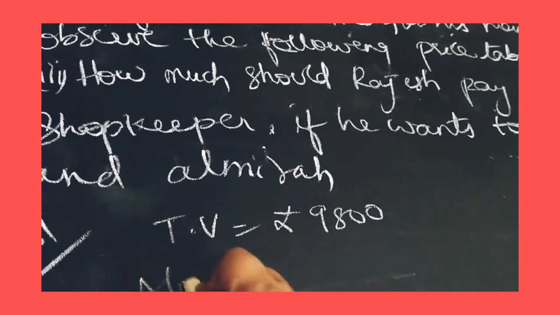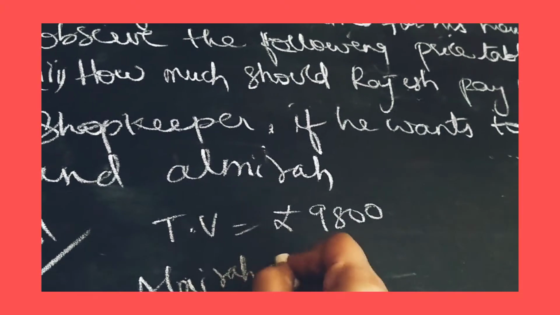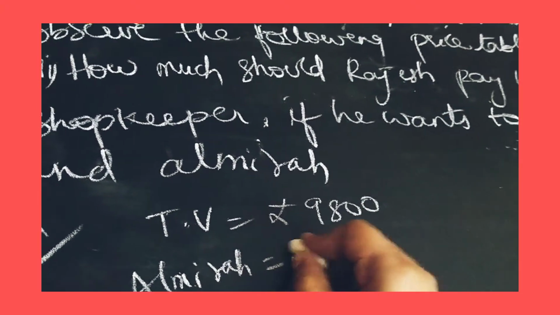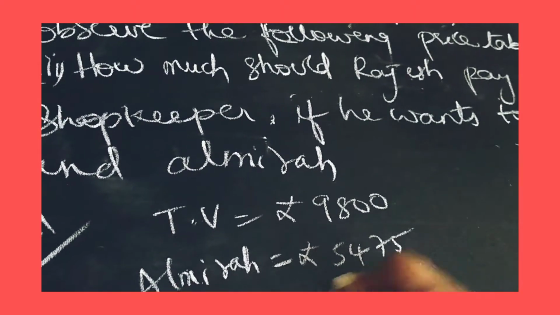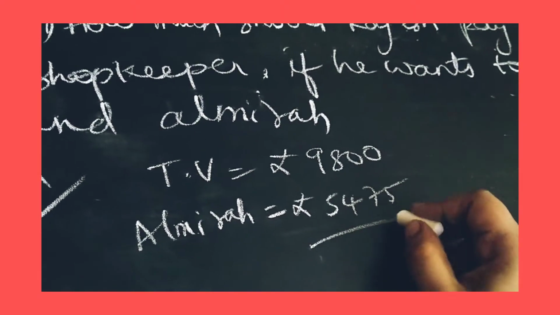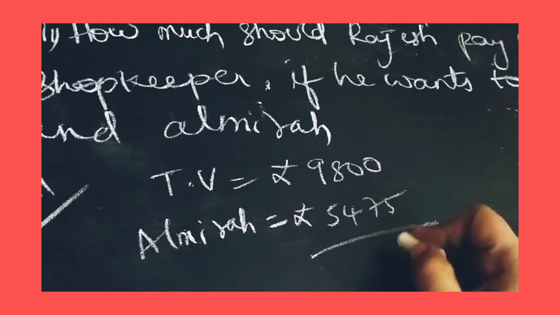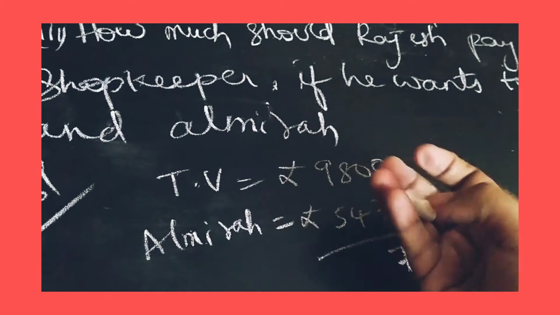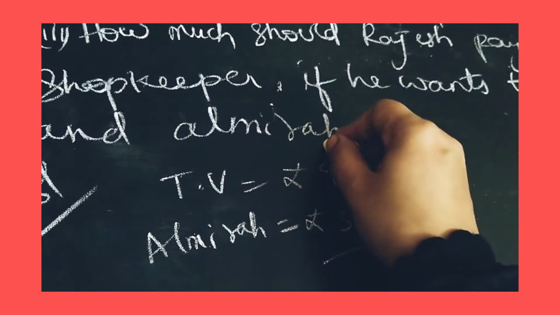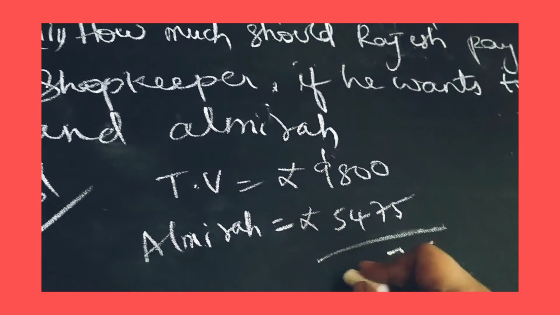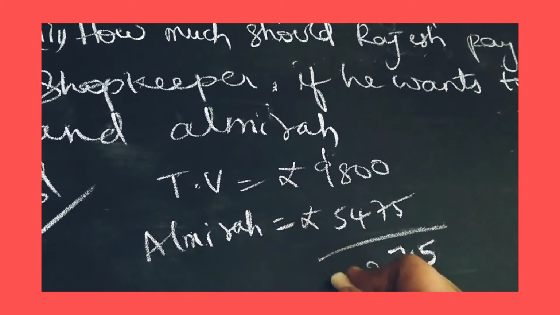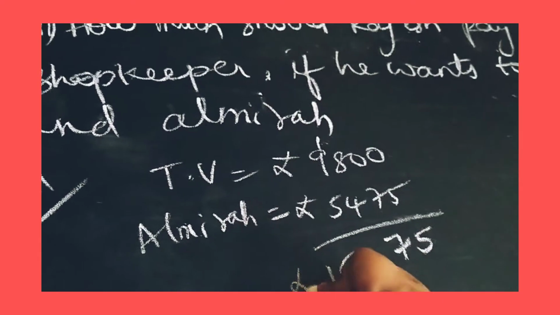Almirah is rupees 5,475. So here 0 plus 5 is 5, 0 plus 7 is 7, 8, 9, 10, 11, 12. It is 12. So 9 plus 1 is 10, 10 plus 5 is 15.